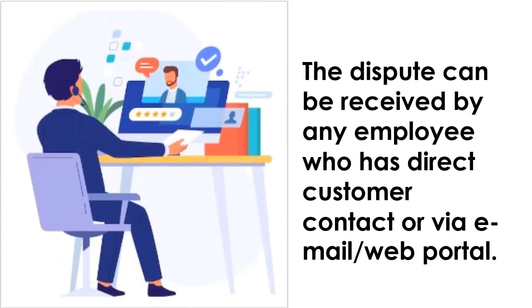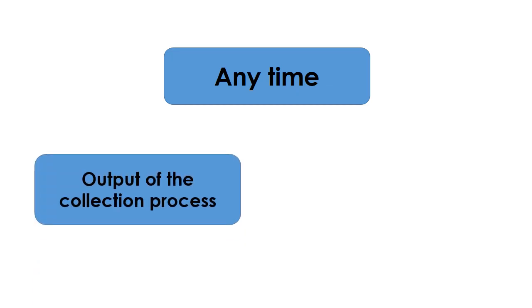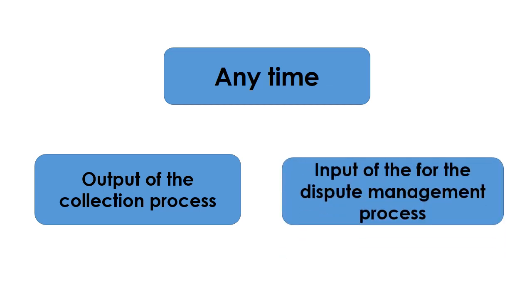The dispute can be received by an employee who has direct contact with the customer or via email or web portal. During the whole collection process, a dispute can occur at any time, and thus this can be an output of the collection process and input for the dispute management process.